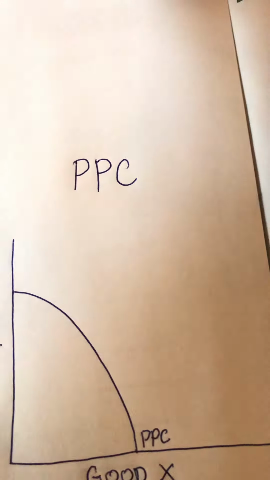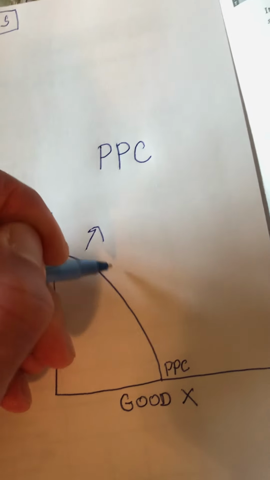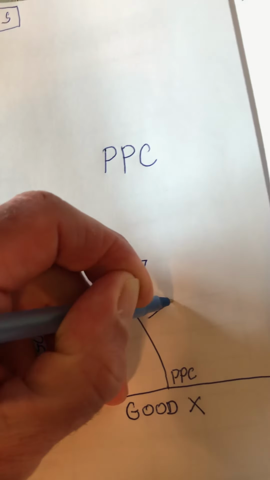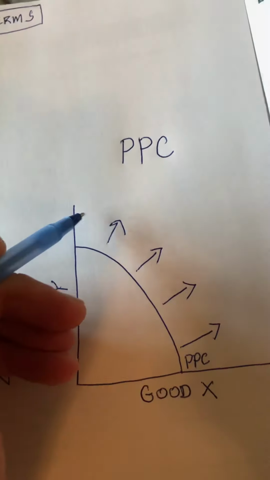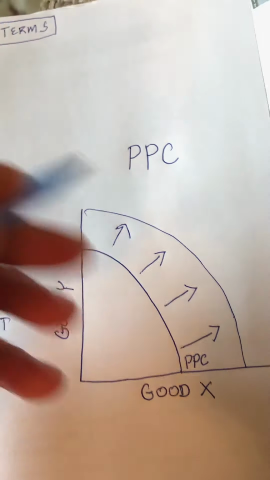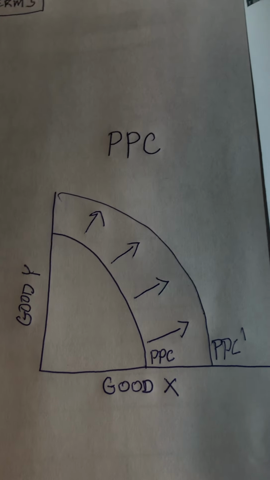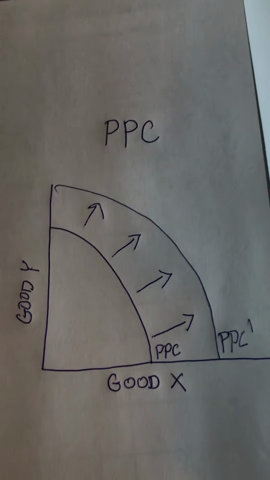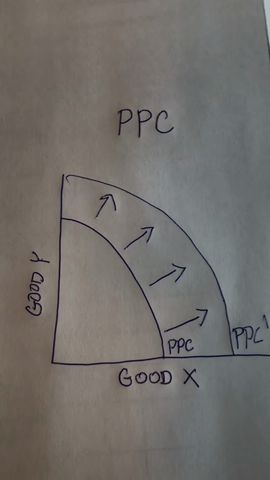And what we saw in that video is because women entered the workforce and people in general worked longer hours, we actually shifted the whole curve outward. And that's what the PPC shifted when we had more guns and butter, as Richard Gill pointed out, the economic analyst.